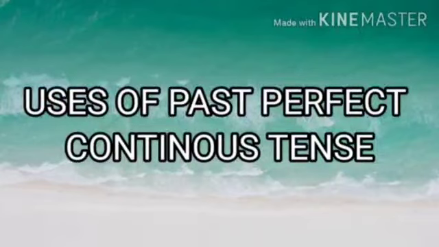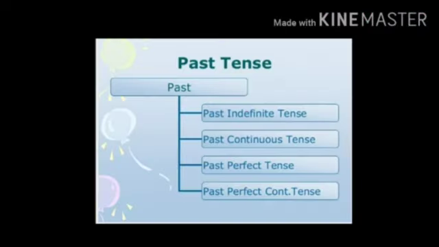Okay, now let us sum up what we learned today. What we learned? Past tense. And this past tense is divided into 4 categories. What are they? Simple past or simple indefinite tense, past progressive or continuous tense, past perfect tense, past perfect progressive tense.